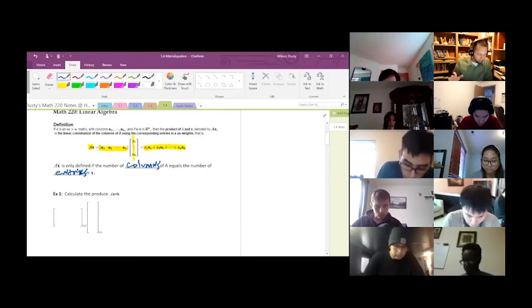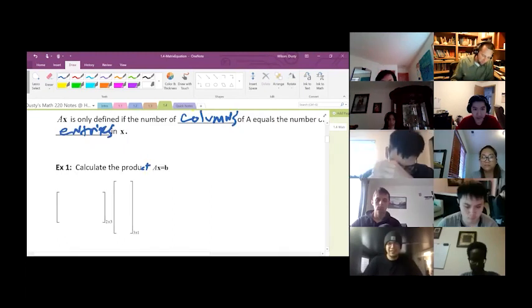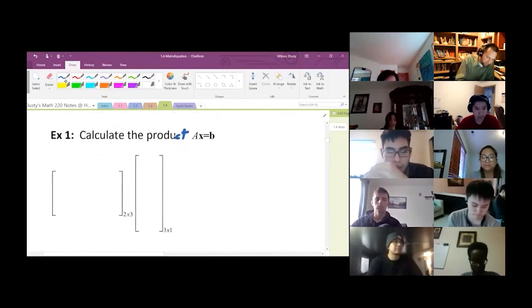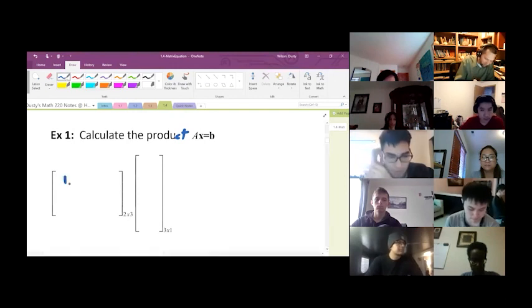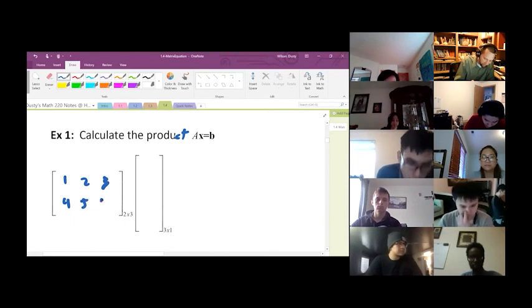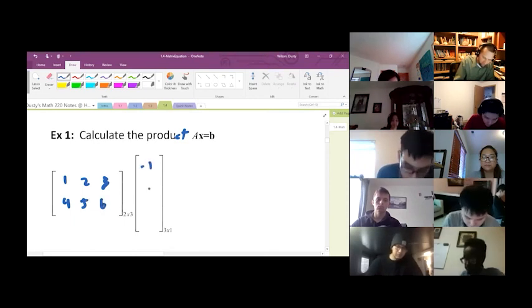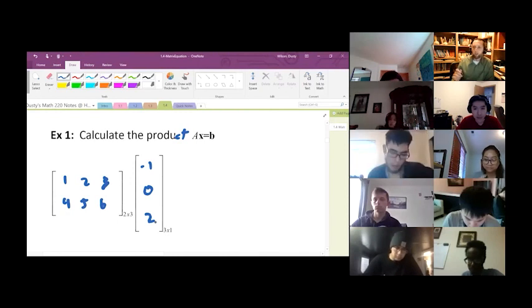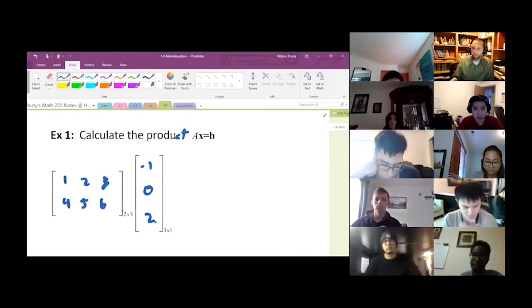So let's play with this so you can see what's going on. I want to calculate the product Ax equals b. My matrix is [1 2 3; 4 5 6], and then I have the vector (-1, 0, 2). I will try to use vectors and matrices like 1, 2, 3, 4, 5, 6 as often as I can, so that you can easily catch the pattern.